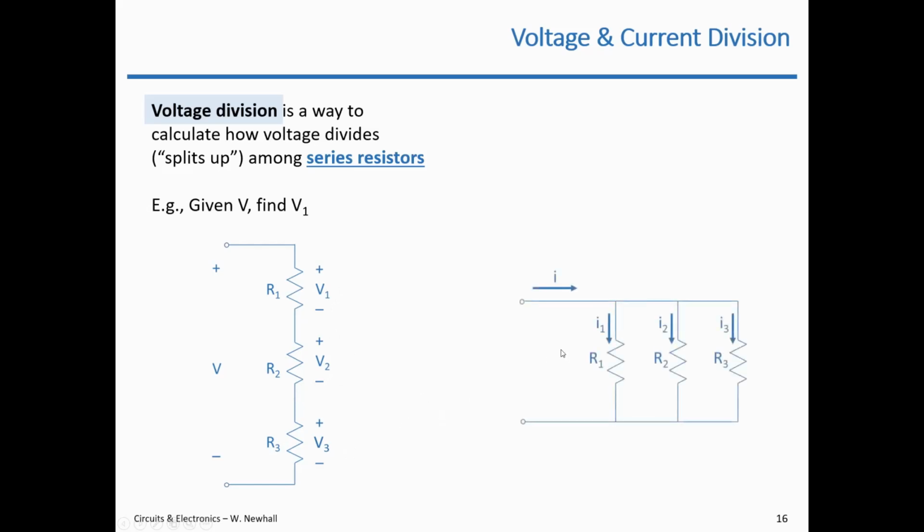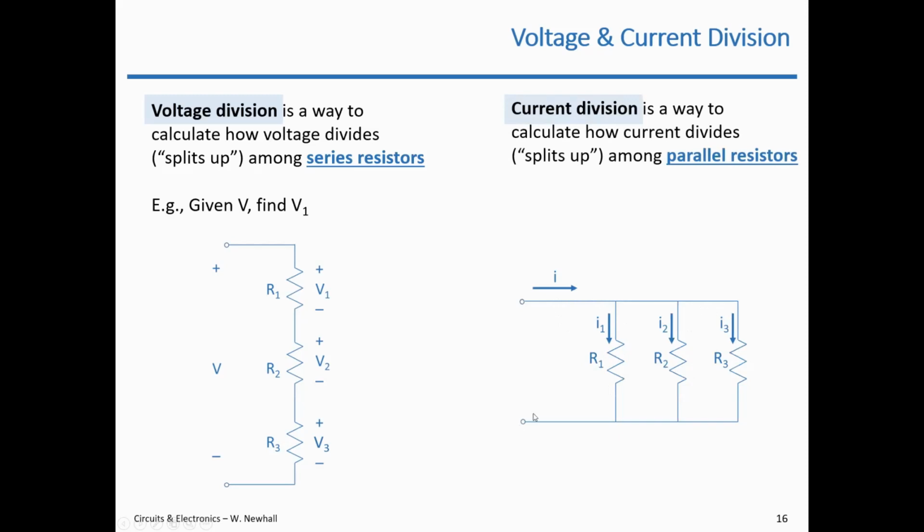For parallel resistors, there's a sort of a dual to this approach. Many times, when you have a circuit like this, you would like to know how the current divides up among these resistors. That approach is called current division. It's a way to calculate how current splits up among parallel resistors. So for example, given I, the current into this parallel set of resistors, what's I1, or I2, or I3?